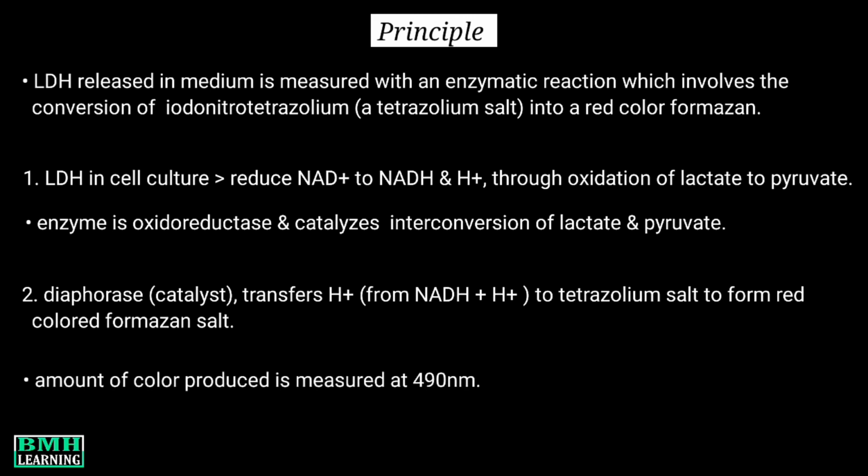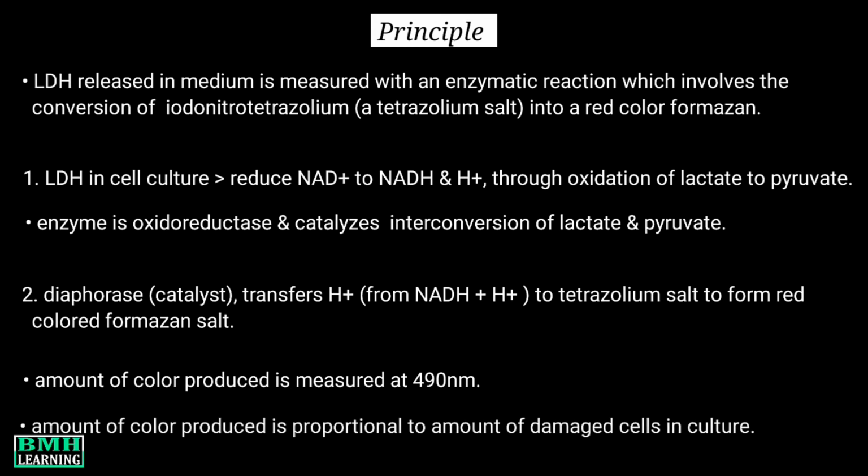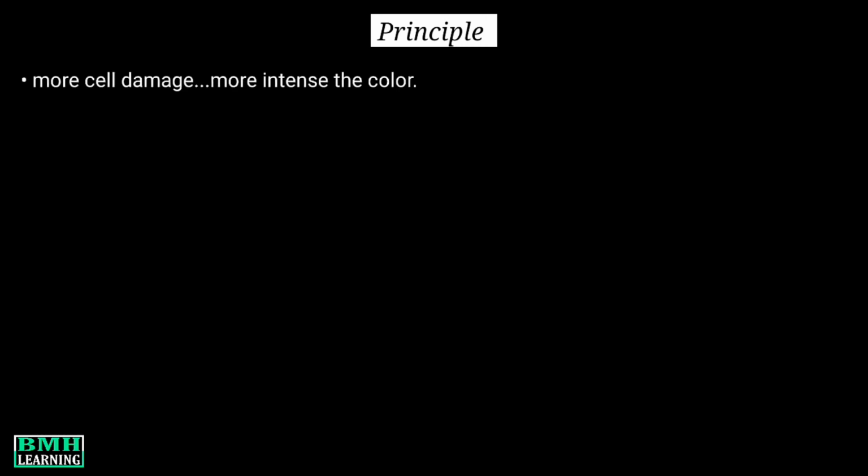The amount of color produced is measured at 490 nanometer by standard spectroscopy. Also, the amount of color produced is proportional to the amount of damaged cells in the culture. So that means the more the cell damage, the more intense the color would be.